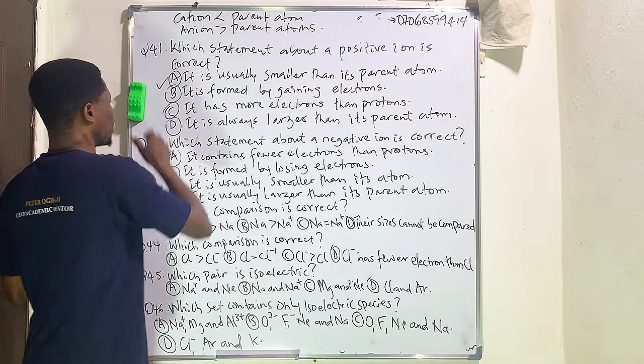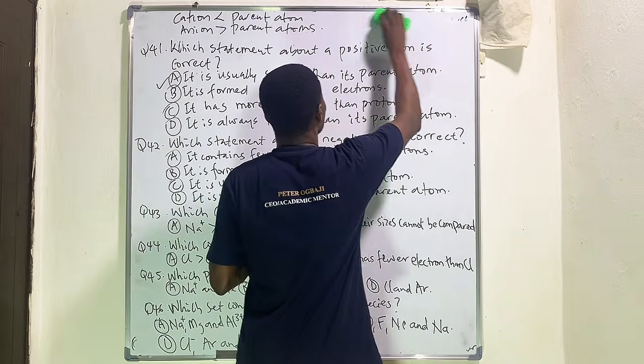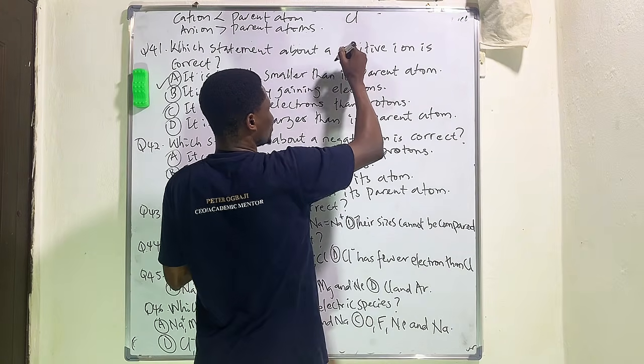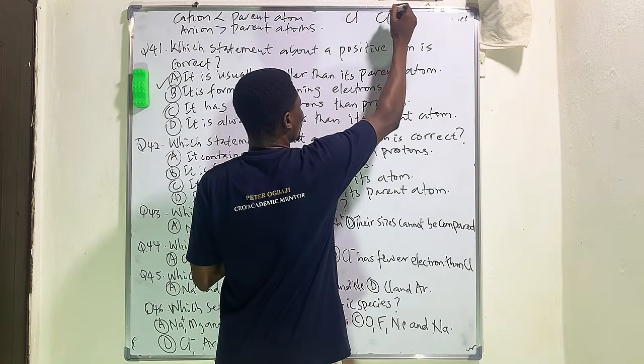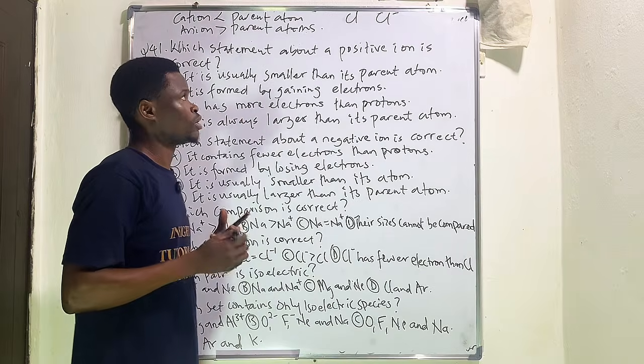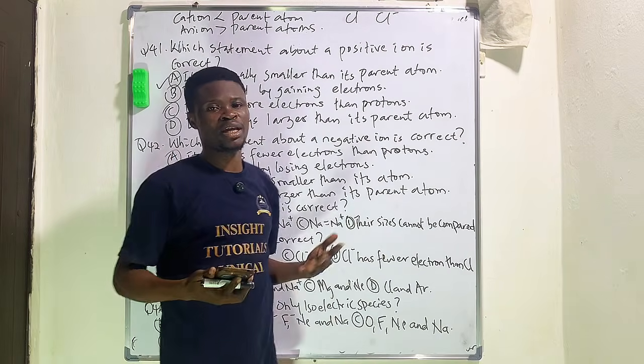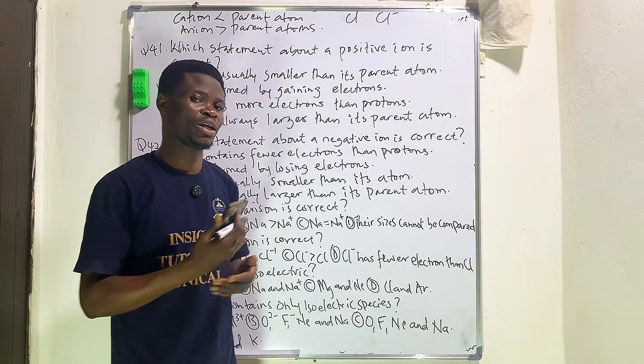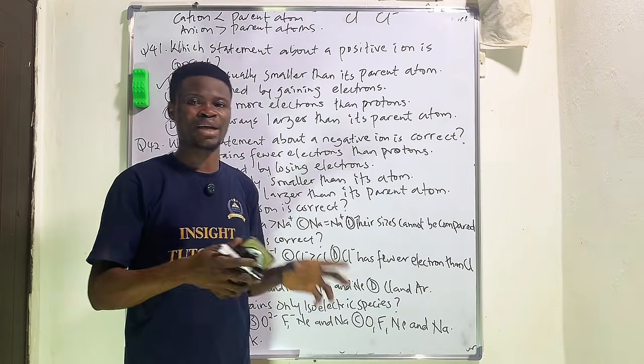For example, if we are dealing with chlorine, this is the chlorine atom and this is the chlorine ion. This chlorine ion is going to gain one electron. And I've told you the formula you apply in getting the total number of electrons: the atomic number minus the charge.